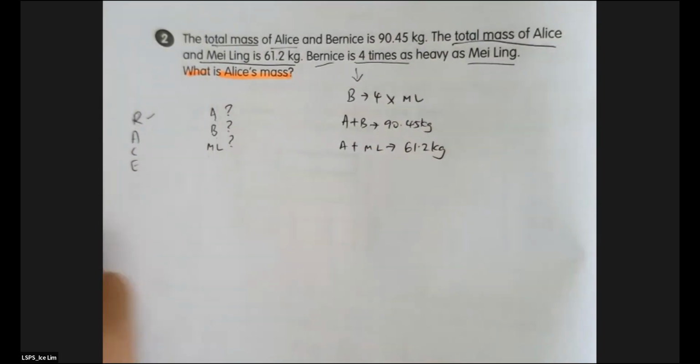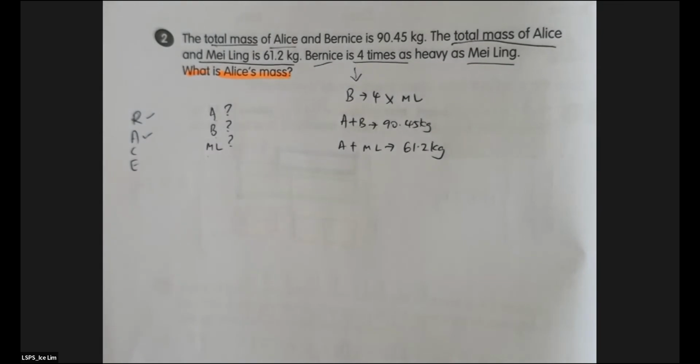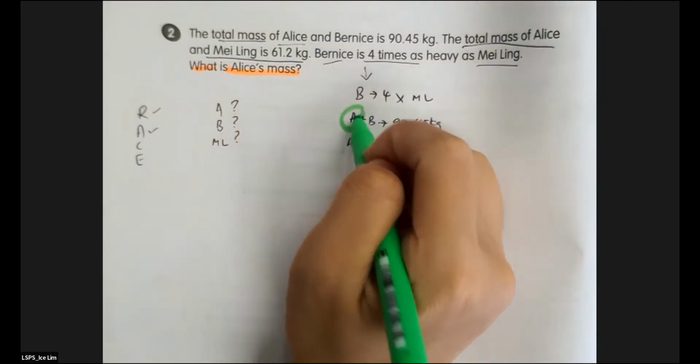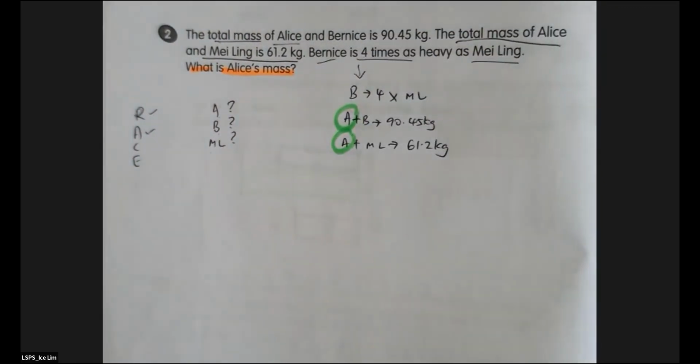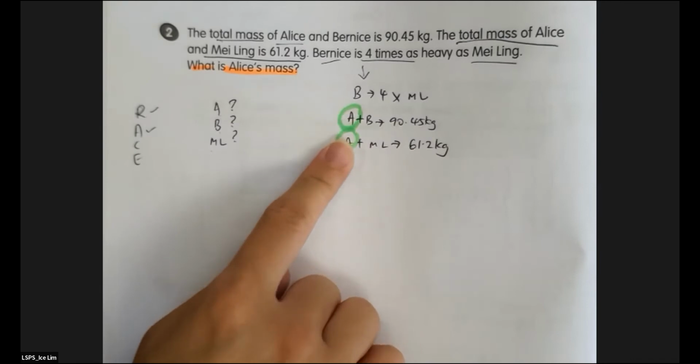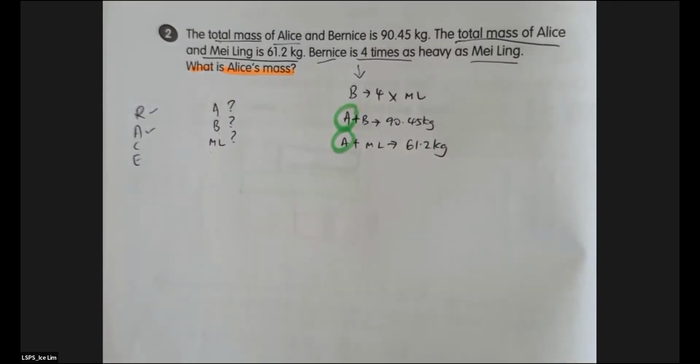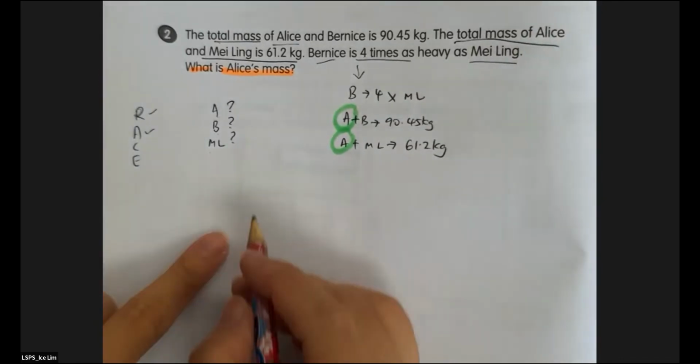After I write down these little notes for myself, I ask myself, okay, then how? How am I going to use this to solve when I have so many things that I don't know? If you can realize, you have someone who is repeating. The somebody who is repeating, yes, is Alice. So if I use Alice, who is repeating, maybe it will help me. To make it more obvious, I will draw a model.